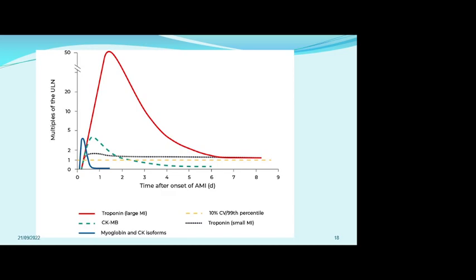So this yellow line is the point where your test can detect the troponin.